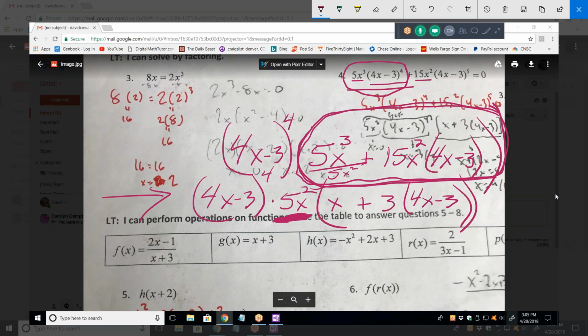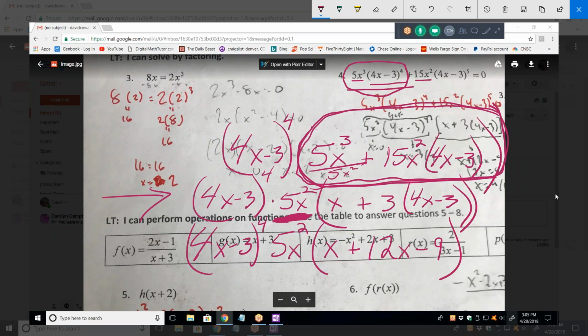Okay? So let's now see what we have, because this clearly isn't simplified. So let's do 4x minus 3, all of that to the fourth, times 5x squared times x plus 12x minus 9. You with me?